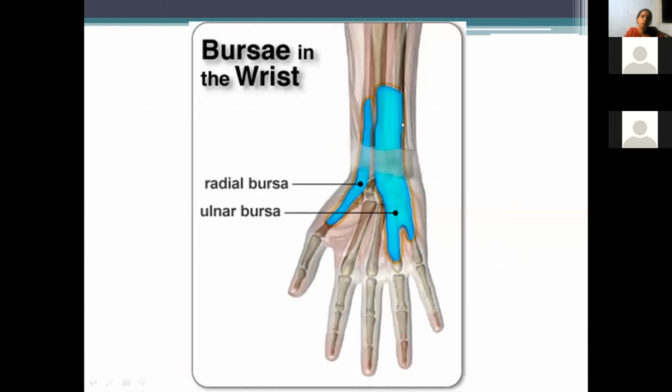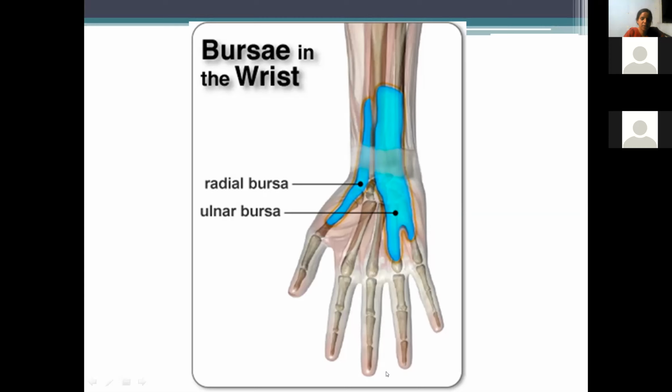So around the tendons, basically we have bursae. Like bursae, usually we see around the joints, wherever friction is more. Similarly, the long flexor tendons, when they enter from the forearm to the palm, generally have a covering of synovial sheath.